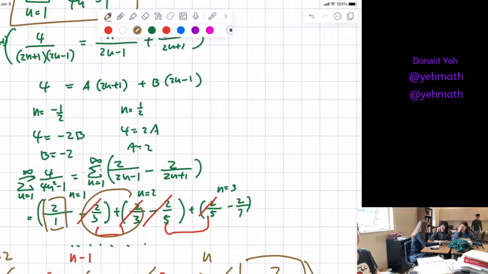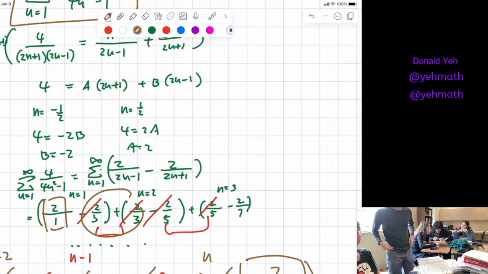You're supposed to compare it. I think you compare to 1 over 2n. I know, so I was trying to figure that out. It's always less than 1 over 2n.